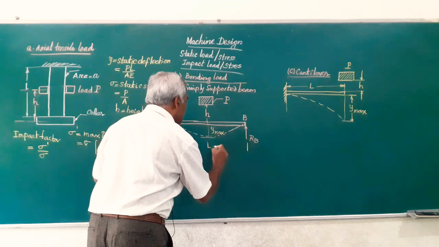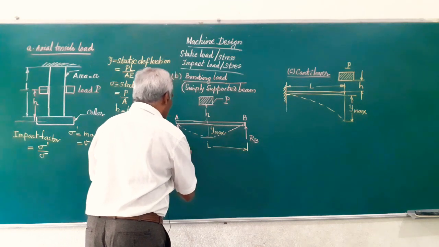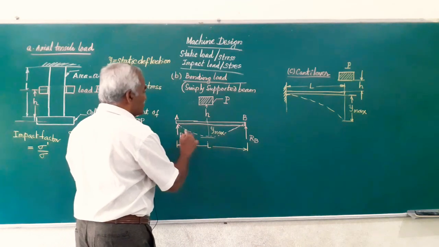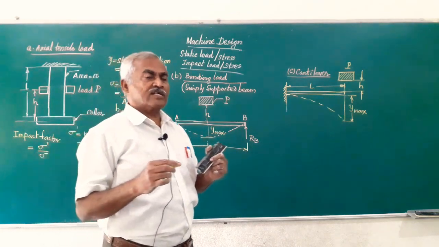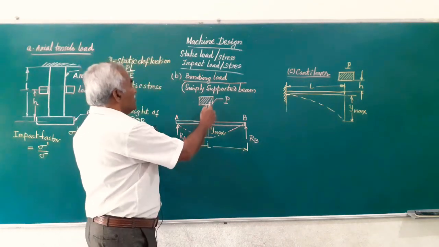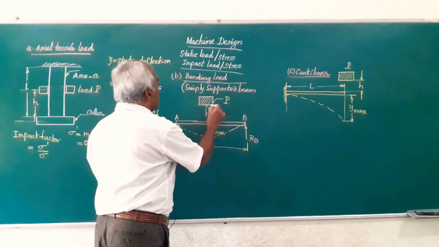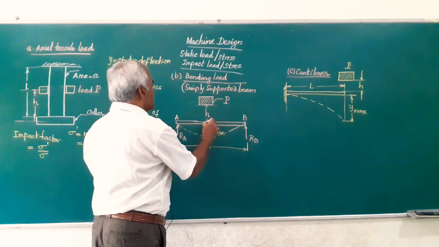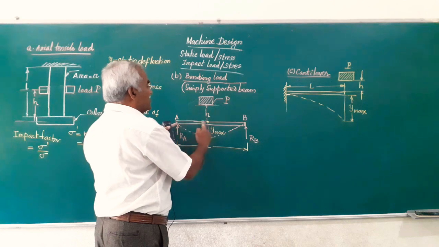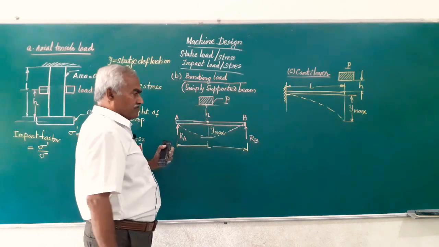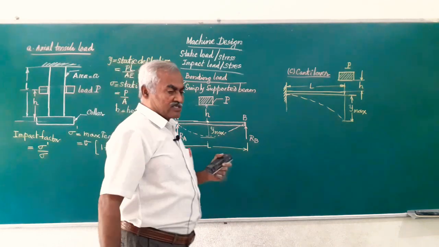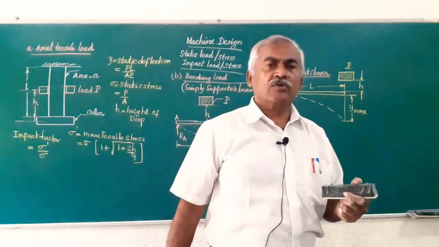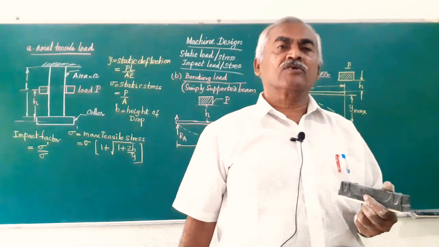So I will call this capital L. And friends, this curve I have shown here is the shape of the deflection curve when the load P is made to fall at the center of this beam, that is, at L by 2 from A or L by 2 from B.